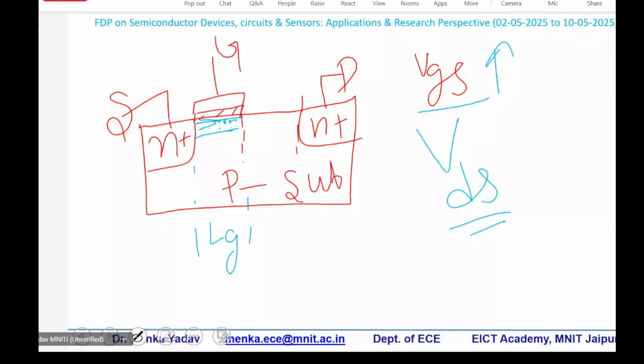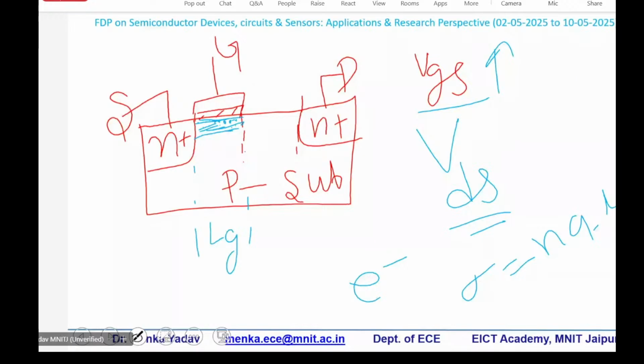And now the channel is being formed from here to here. The layer of electrons is there. So increasing the number of electrons means the resistivity is decreased, right? And the conductivity, if you remember, n q mu, has increased. Resistivity is decreased and conductivity has been increased. So from here to here, the resistivity is decreased.